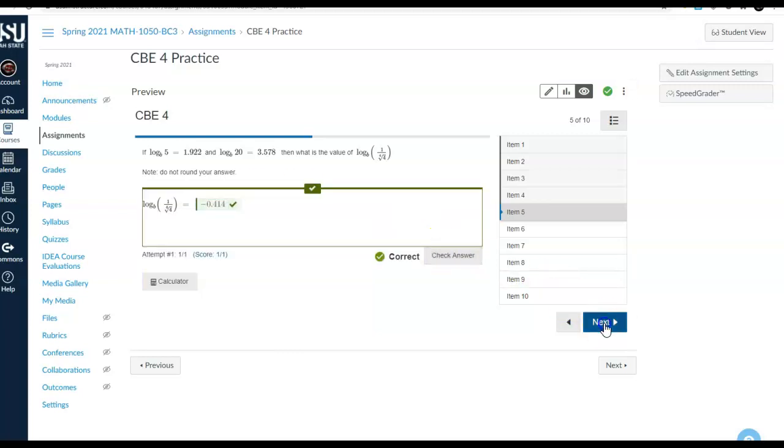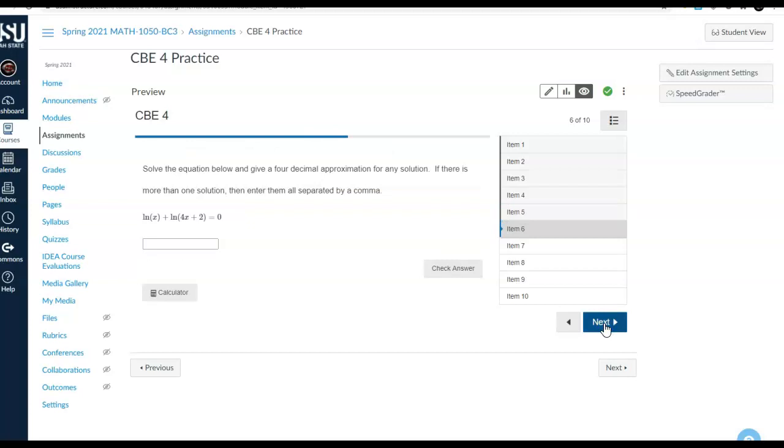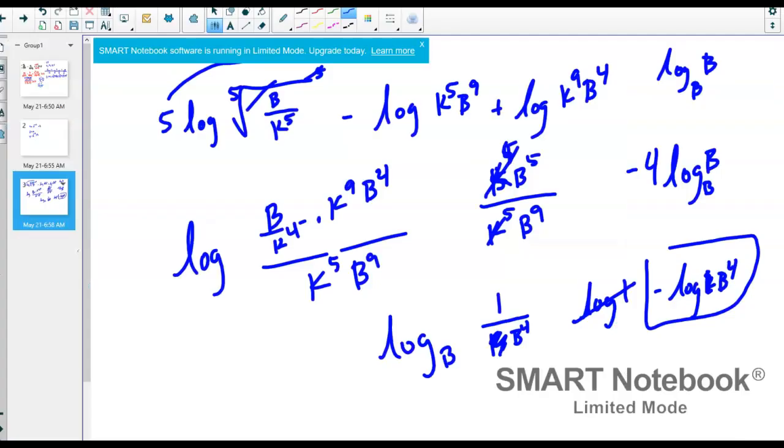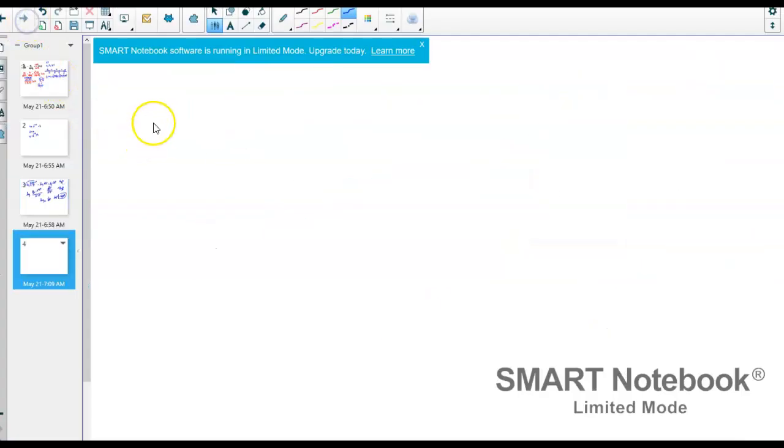Okay. Next one here, we've got our logarithms, ln of x plus ln of 4x plus 2 equals 0. So we want to condense this to start with. That's the first thing I want to do. And so when I do that, I get ln of x times 4x plus 2 because they're adding. And then I'm going to change this one's form.